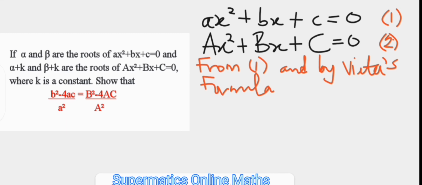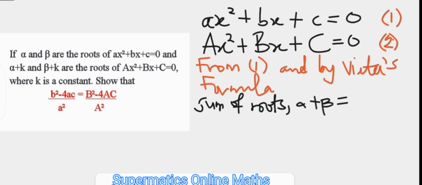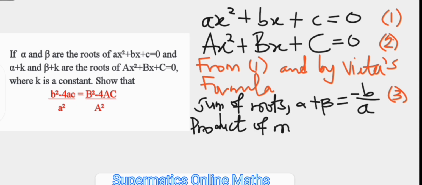So from equation 1, the sum of roots by Vieta's formula, given that the roots of the first equation are alpha and beta, so alpha plus beta is minus b over a. Let us call that 3, while the product of the roots, even for the first equation, alpha beta is c over a, we can call that 4.